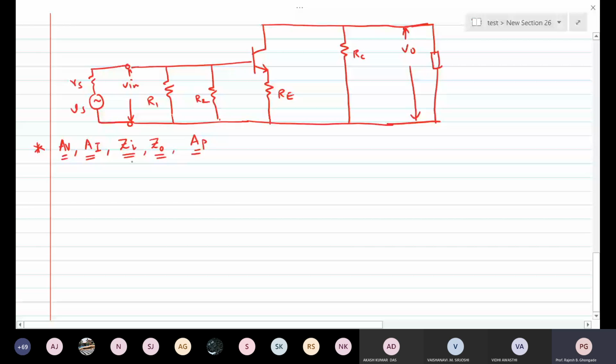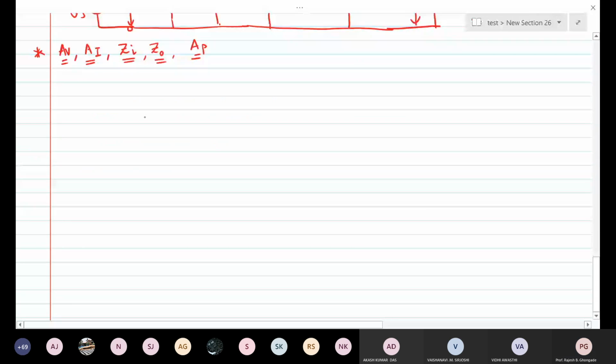Now there are 2 different ways in which you can do it. But before that, let us go one step deeper into changing this circuit, replacing it. Have we done the H parameter equivalent circuits? Yes, sir.